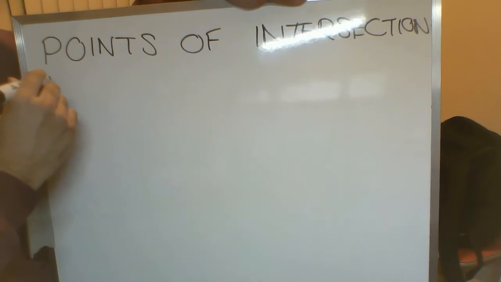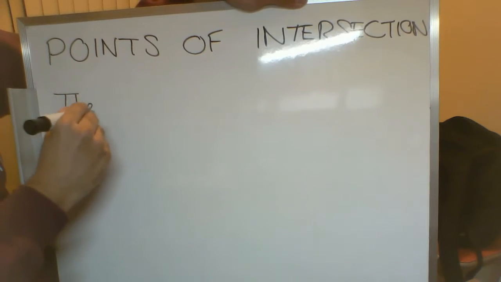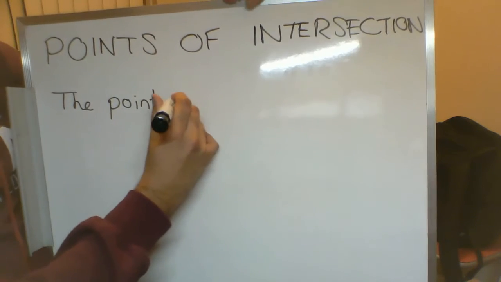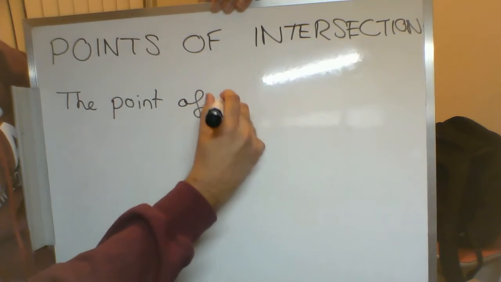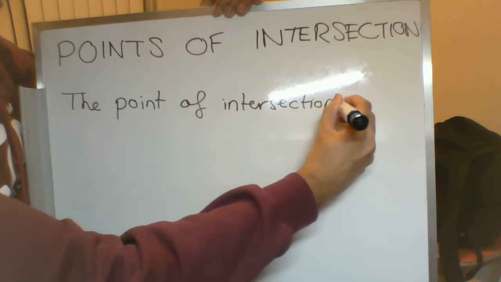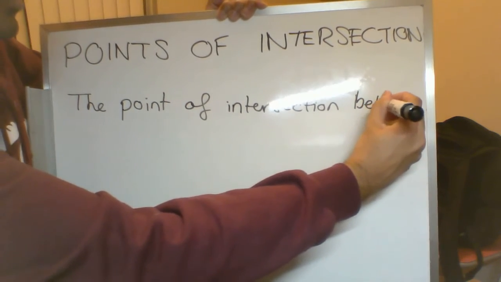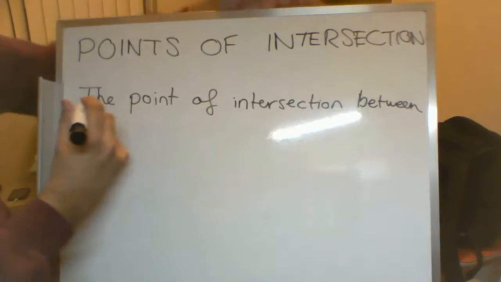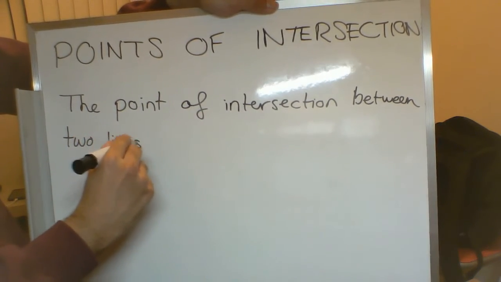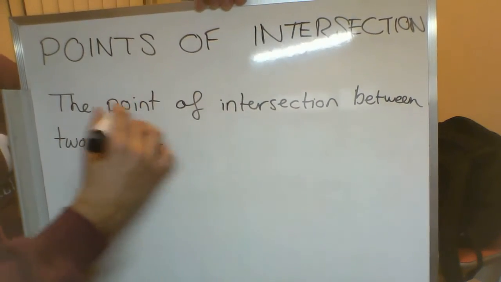So basically, if you wanted to write down a definition, you can write it down. The point of intersection between two lines is, I don't want to say the point because we've got point in the definition here.